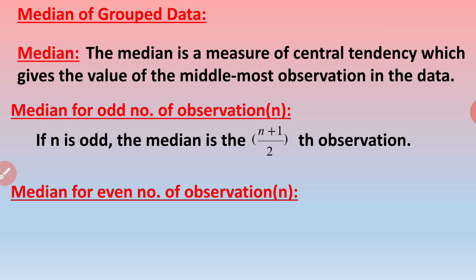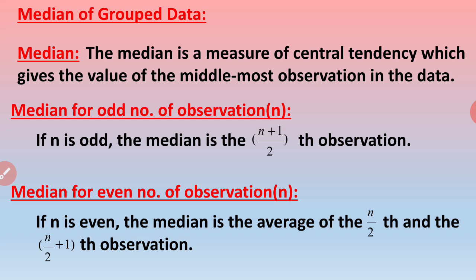But if you have an even number of observations, in that case the median is the average of the n by 2th and the (n by 2 plus 1)th observation. So you will find those two observations and take the average of the two.